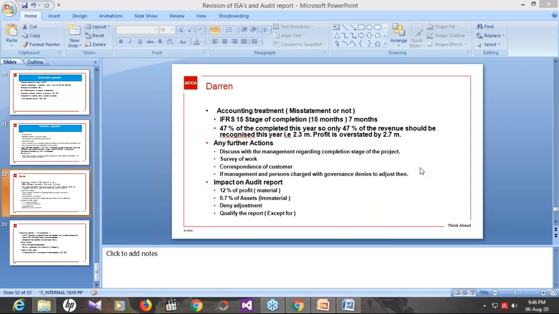Pass means getting 50% marks in question number 1. Question number 1 has 50 marks. If you get 25 marks out of that, let's make an assessment of this.